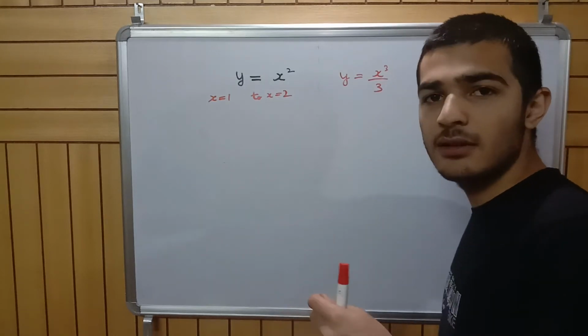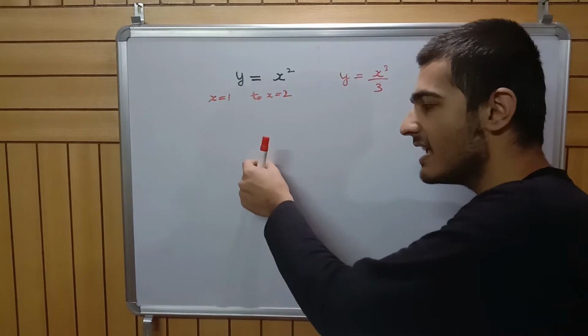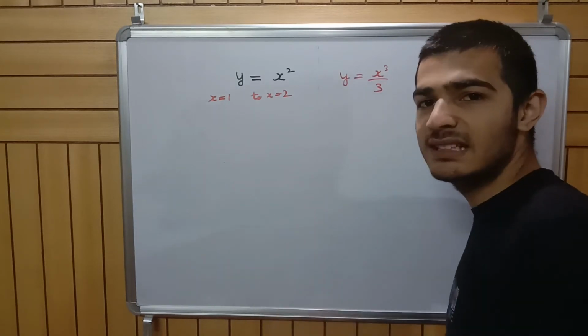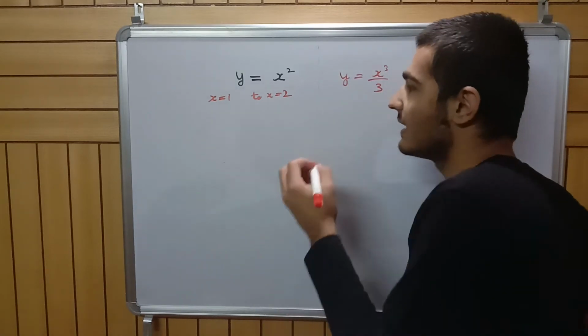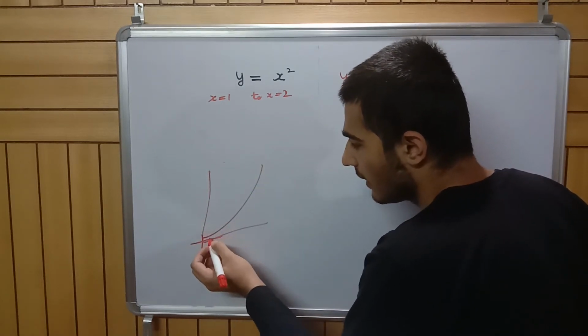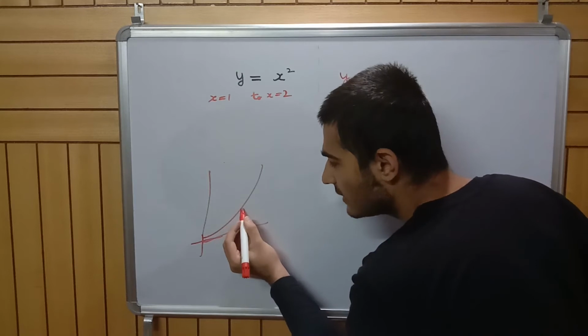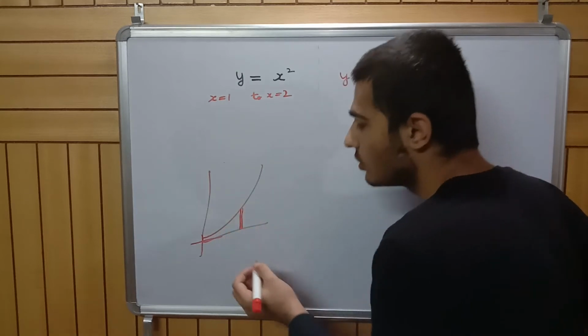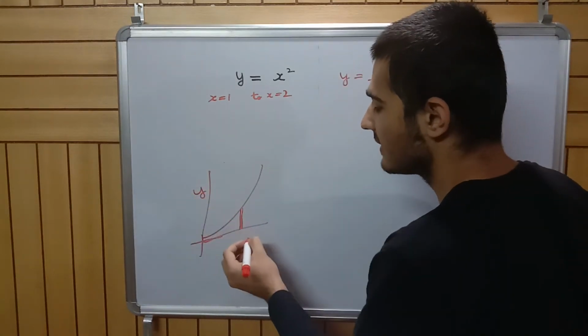The process of integration starts by finding the area of one thin rectangle, right? So this was our curve, and we first took one thin rectangle. This is your y-axis, this is the x-axis.